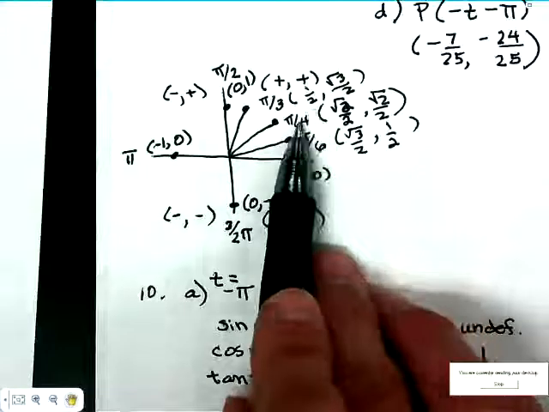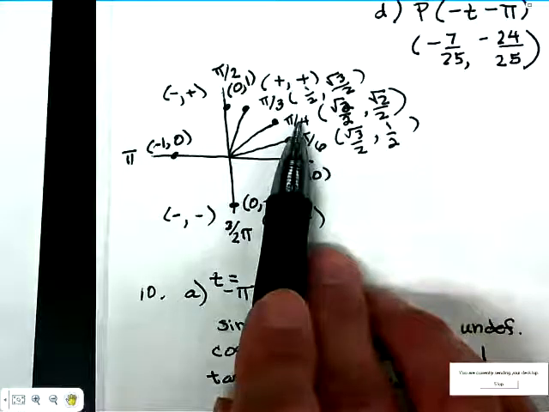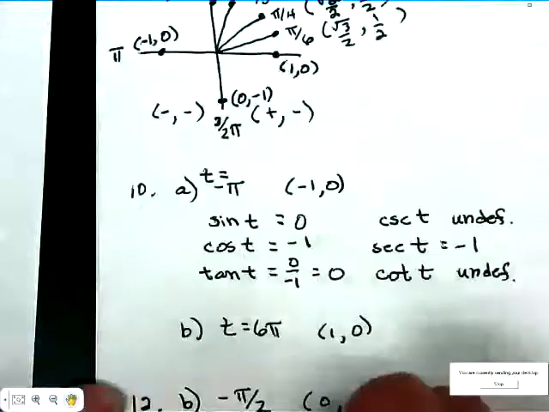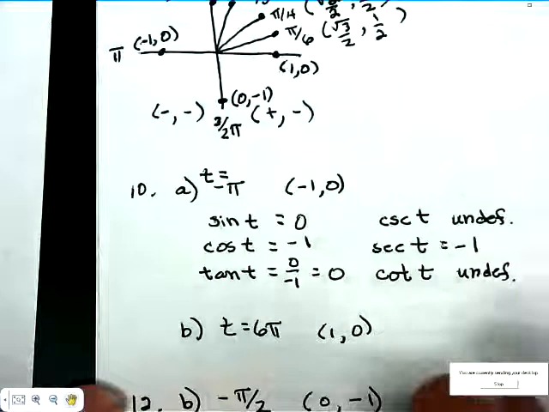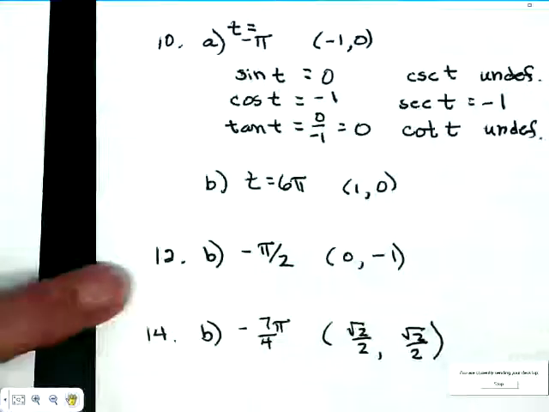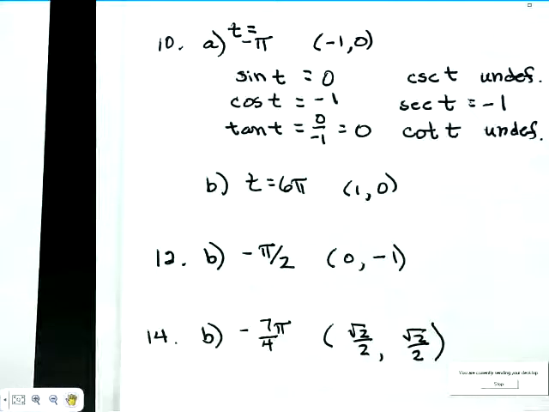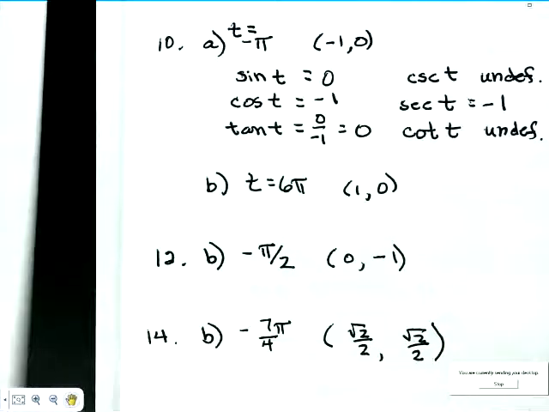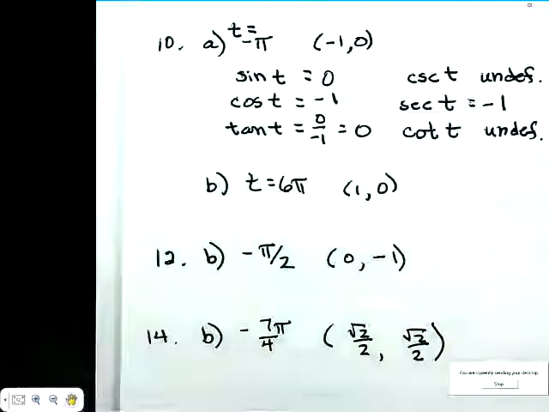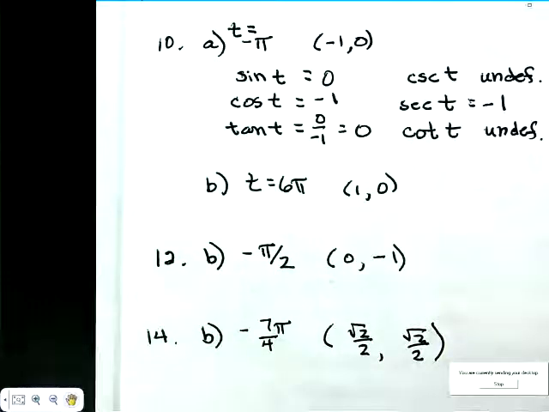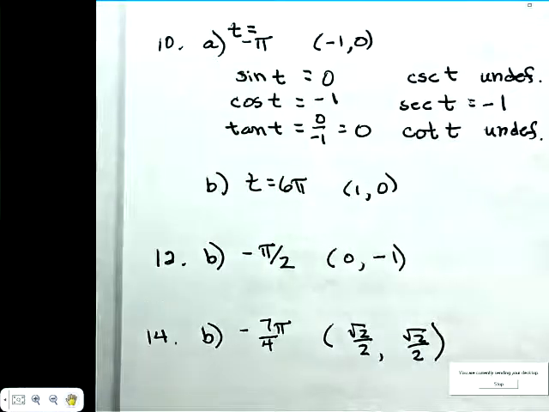So it's in the first quadrant. I know all the quarter pies. The x and the y are both square root of 2 over 2. And in the first quadrant, they're both positive. 9 through 16 just have us practicing quarter pies.